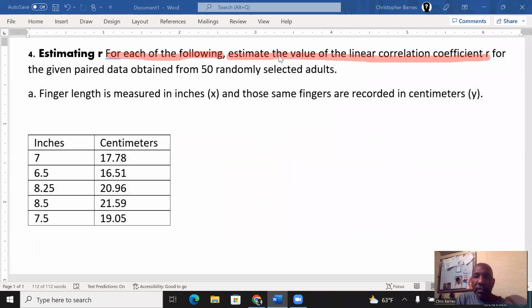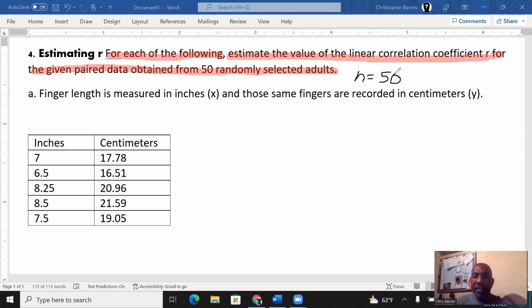For each of the following, we're going to estimate the value of the linear correlation coefficient R for the given paired data obtained for 50 randomly selected adults. So our N, if you pay attention to that right there, is our sample size. Our N equals 50.